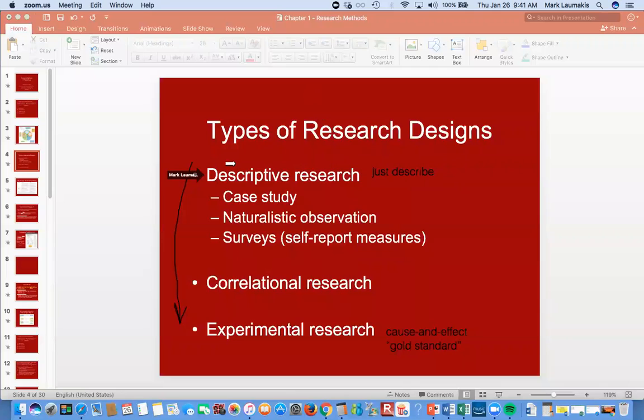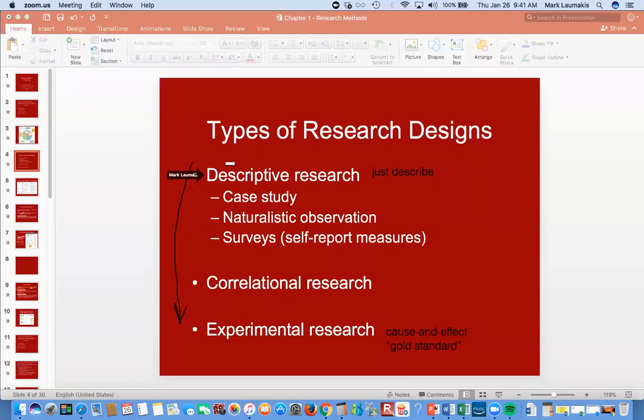We're just describing, right? So after test one, I will send you guys an email that will include a distribution of grades for test one. What percentage of students got A's, B's, C's, D's, and F's? That's descriptive research, if you want to even call that research, right? I'm just describing what's going on, okay?